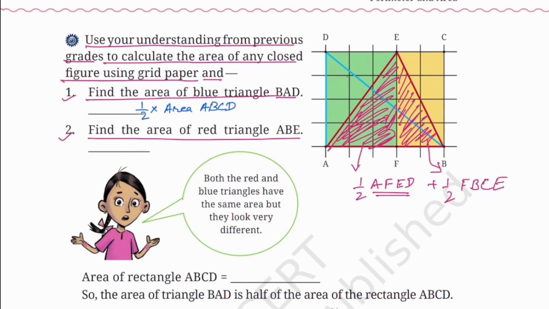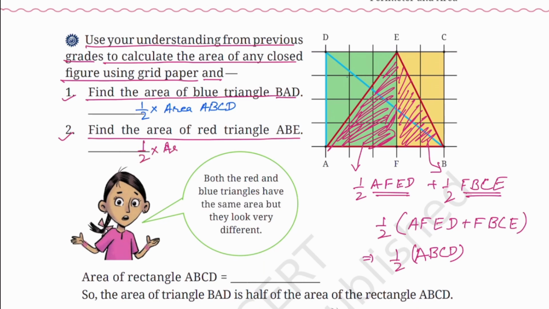Since rectangle AFED and rectangle FBCE, the green one and the yellow one, make the complete rectangle ABCD, you can write this is equal to half of the area of rectangle ABCD. So the area of the red triangle will be half of the area of the rectangle ABCD.